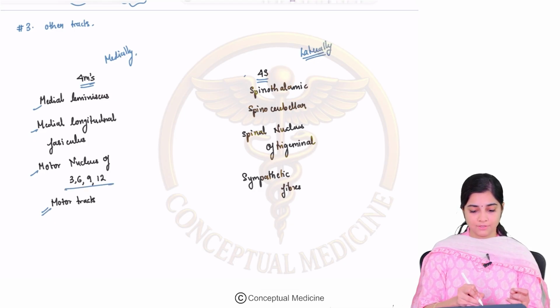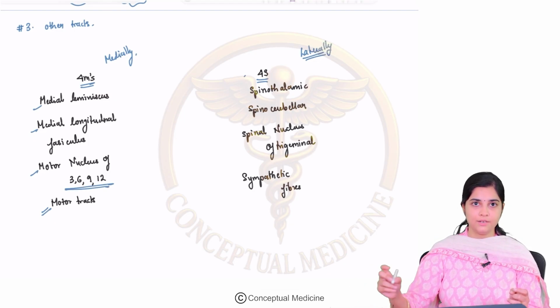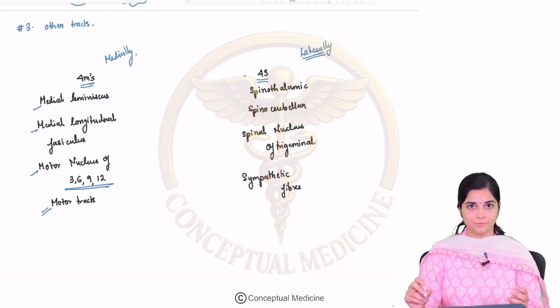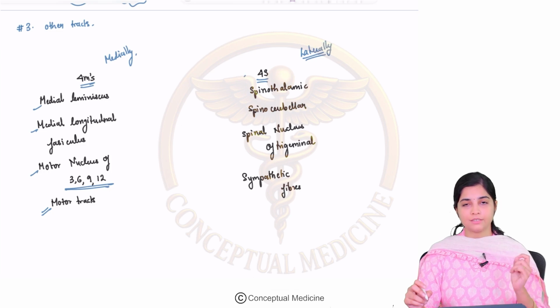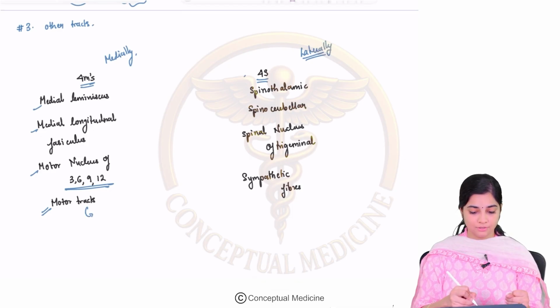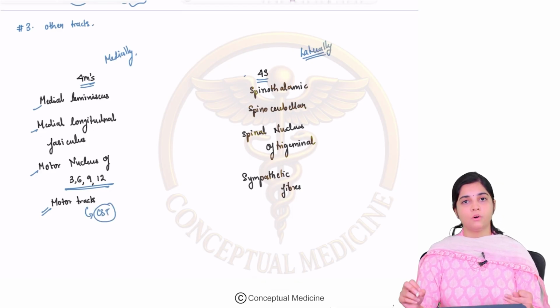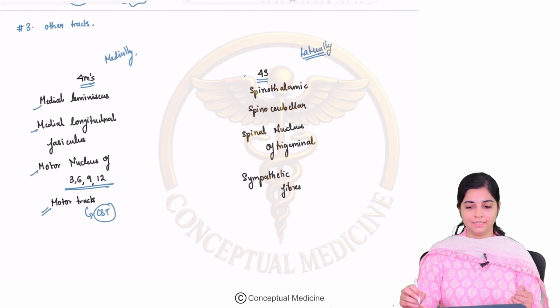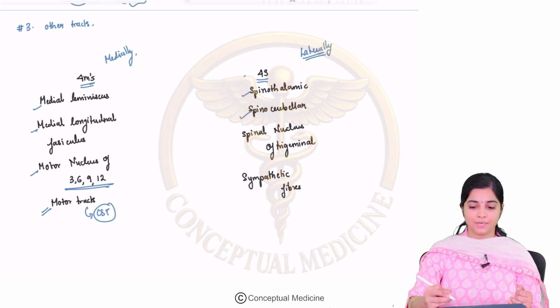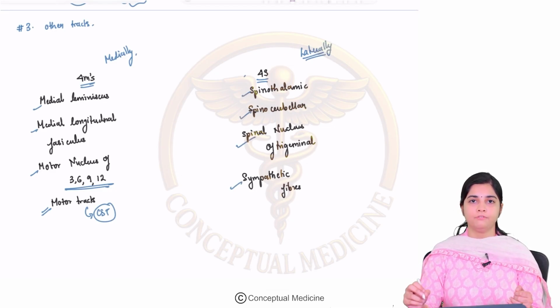This is again multiples of 3 if you have to remember: 3, 6, 9 and 12. All of these structures are present medially. The structures which are present laterally are spinothalamic, spinocerebellar tract, spinal nucleus of trigeminal nerve and sympathetic fibers.